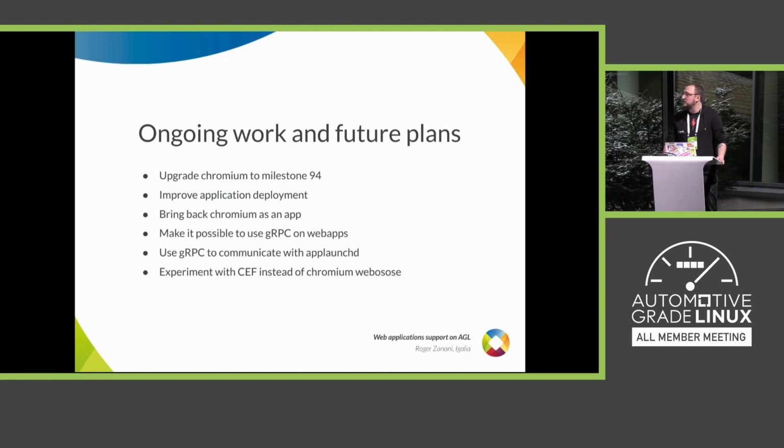And this is because gRPC web needs a proxy server running on the AGL platform, and we need to check what would be the best option for that. And we need to update Chromium to communicate with UpLaunchD using gRPC. Right now it uses dbus, and dbus is going to be deprecated from UpLaunchD.